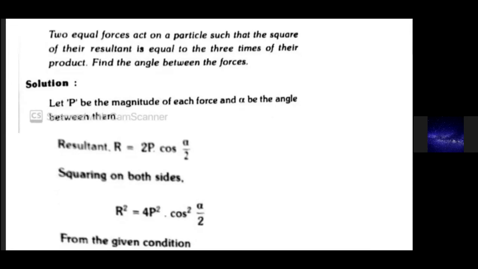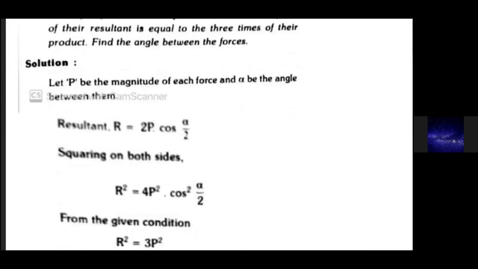So according to the formula, R is equal to 2P cos alpha by 2. Squaring both sides, we get R square equal to 4P square cos square alpha by 2. Substitute R square from the given condition, 3P square.